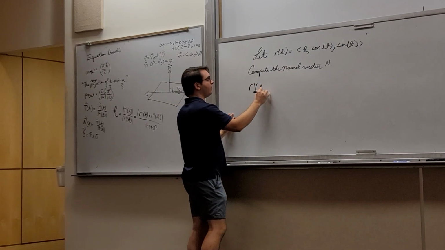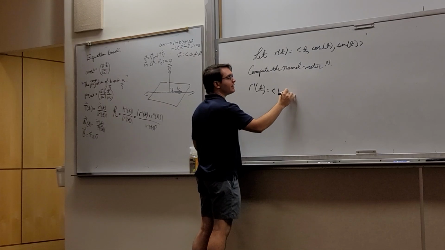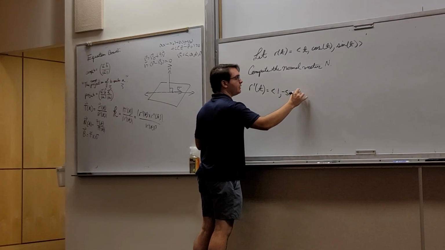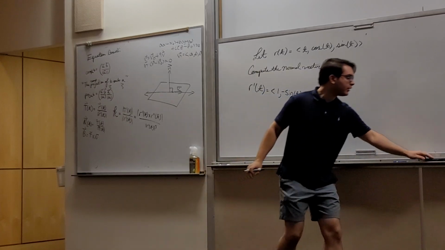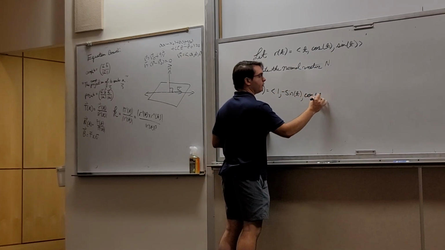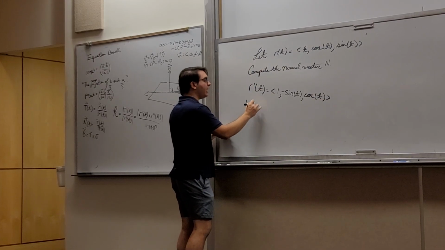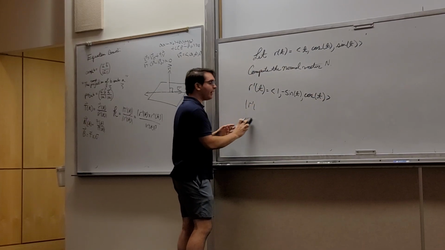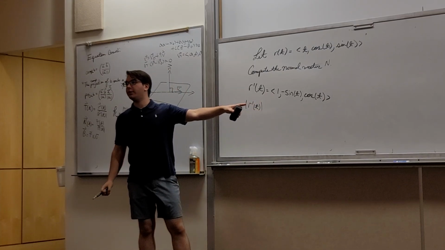R prime of t equals 1. Derivative of cosine is negative sine of t, and derivative of sine is cosine. Okay? Now, the magnitude of r prime of t. It may seem a little bit weird that I can find the magnitude of something that doesn't have numbers plugged into it, right?